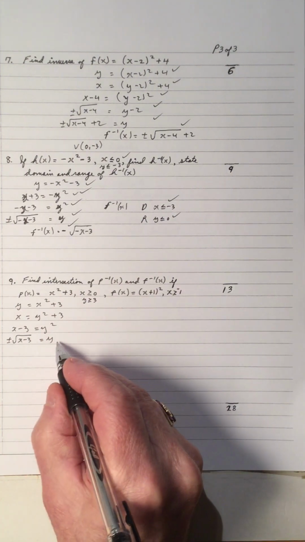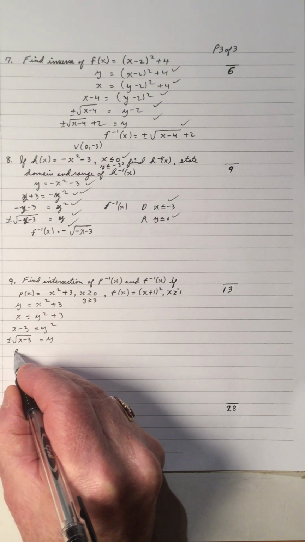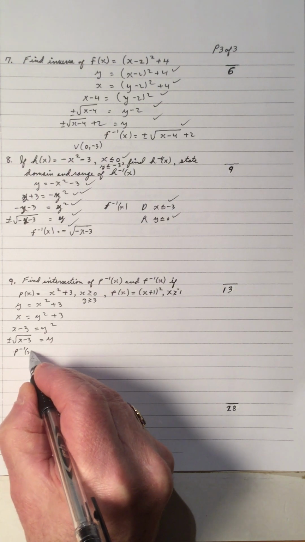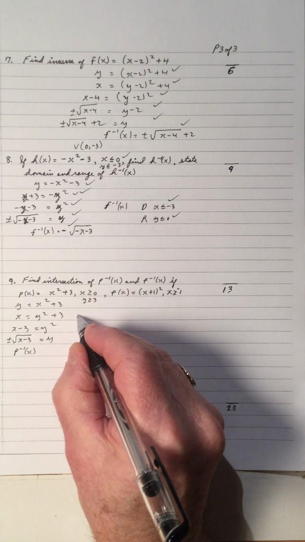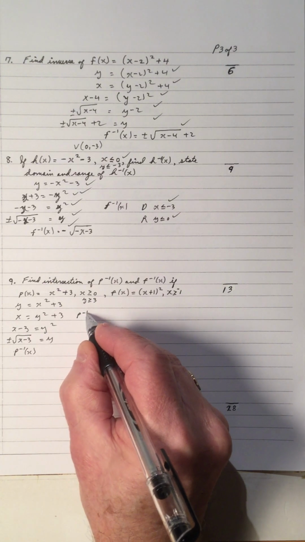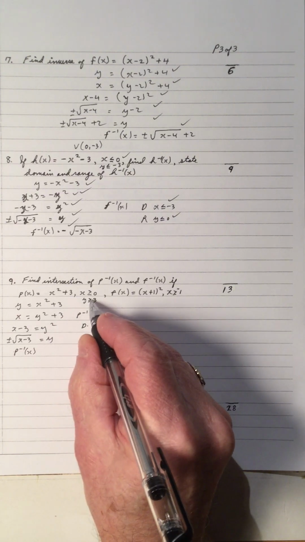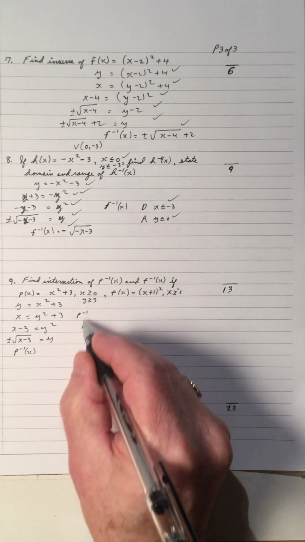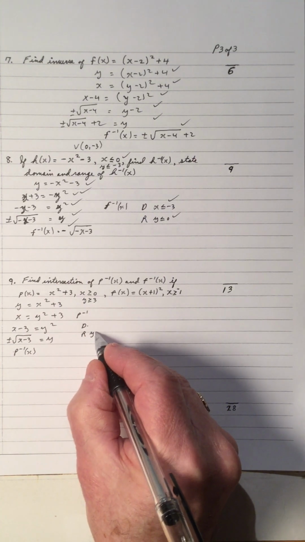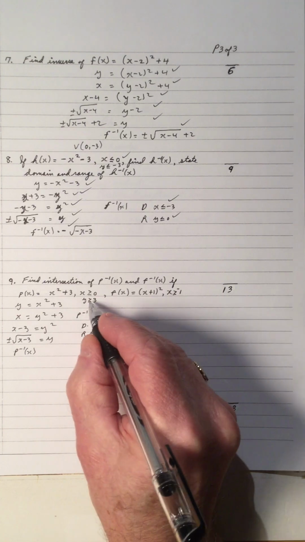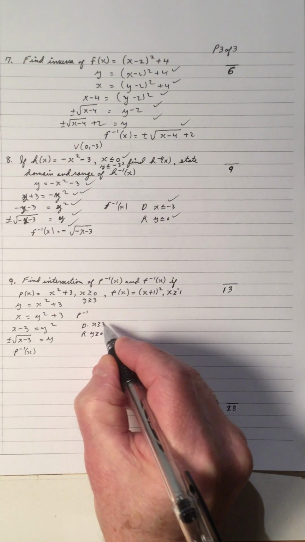So this is the p of x, so this is p to the negative 1 of x, and in the p to the negative 1, your domain is your range. So your domain is x is greater or equal to 0, so that means y is greater than or equal to 0. And your range here is your domain, so x is greater than or equal to 3.